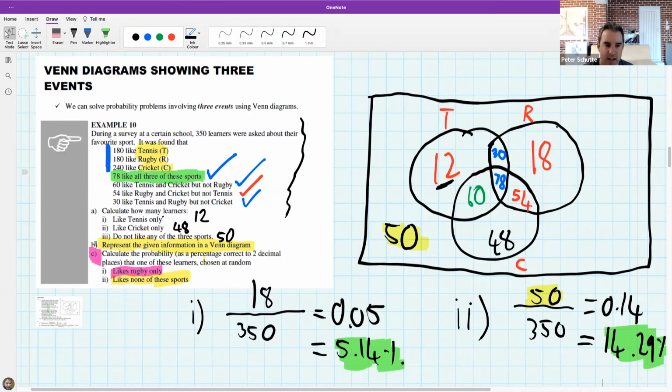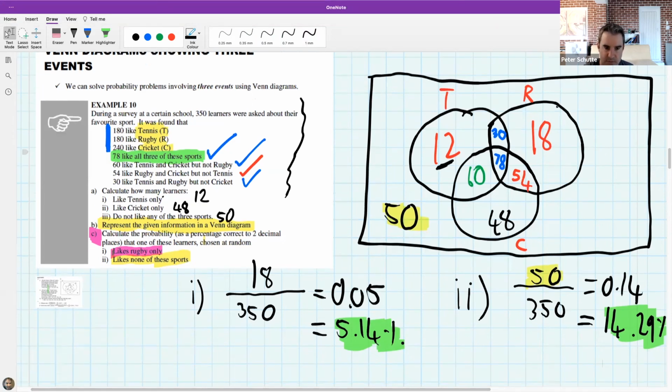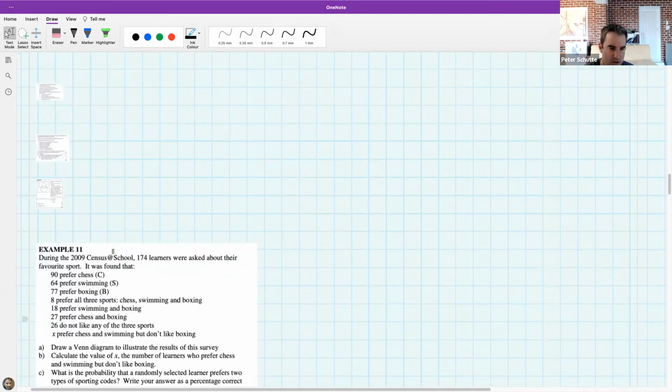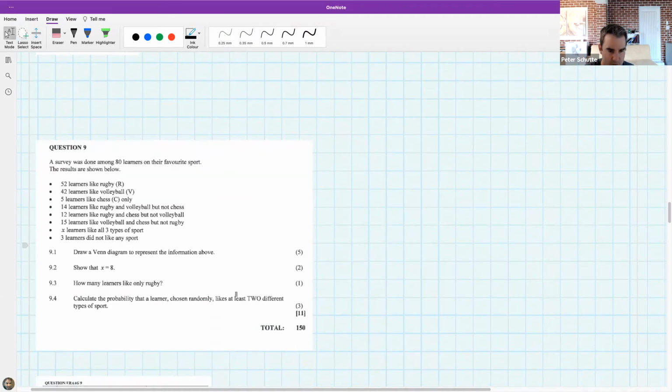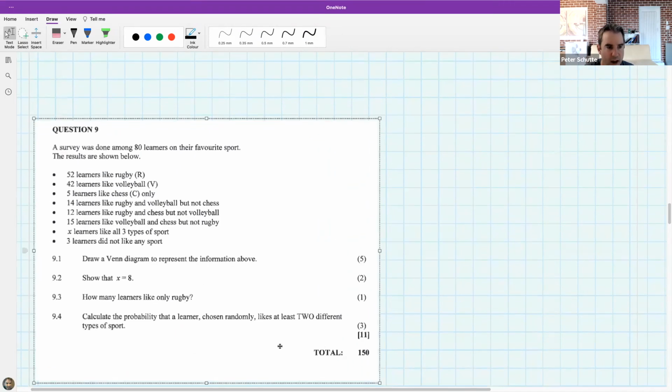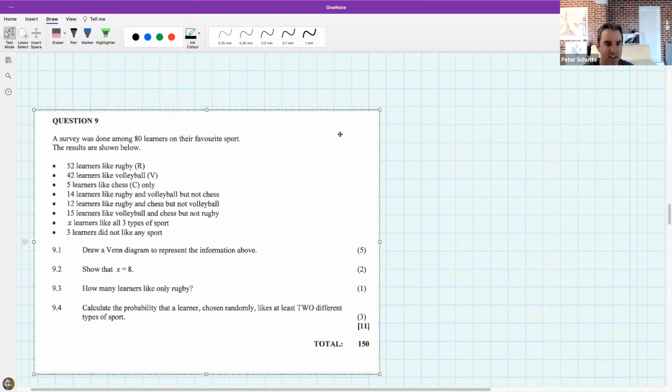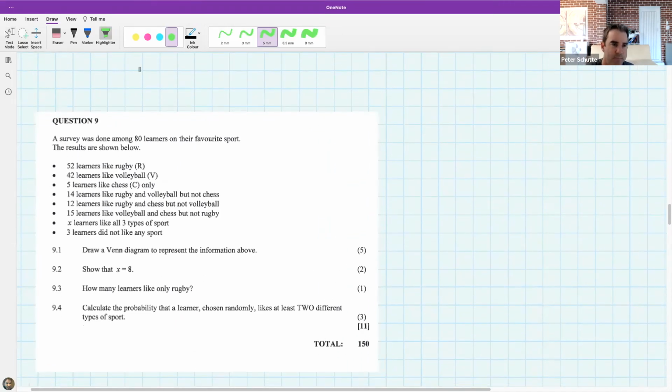All right. Now, we're not going to have a chance to finish this next question, but we're just going to start it because I want to show you this type of question. Sometimes you have to allocate one of the regions as X. This is from a past exam.